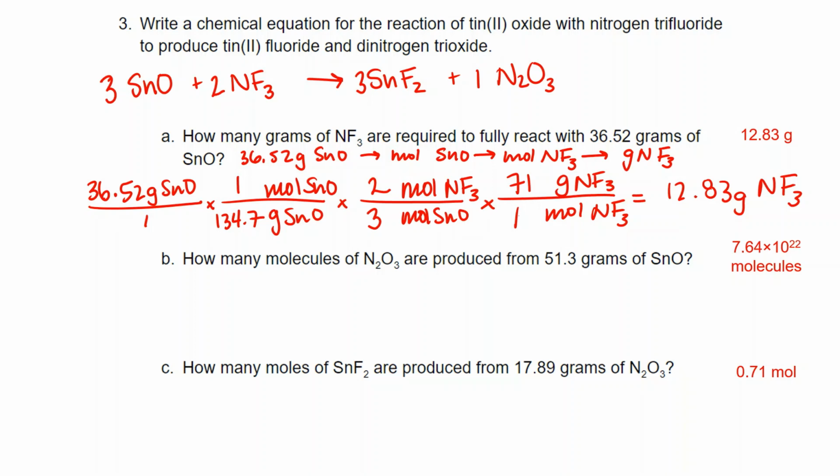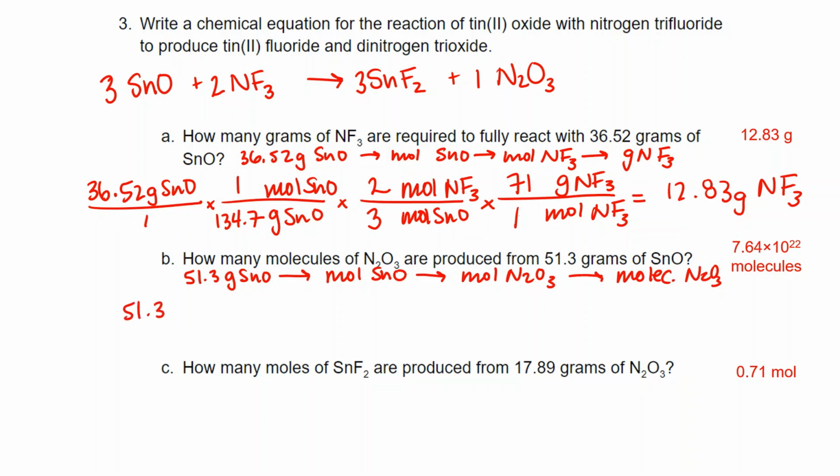The next question is a little bit different because we're asking for molecules. So we're starting with our 51.3 grams of SnO. Of course, change that into moles. Then I can change that into moles of N2O3, and then I can change that into molecules of N2O3.